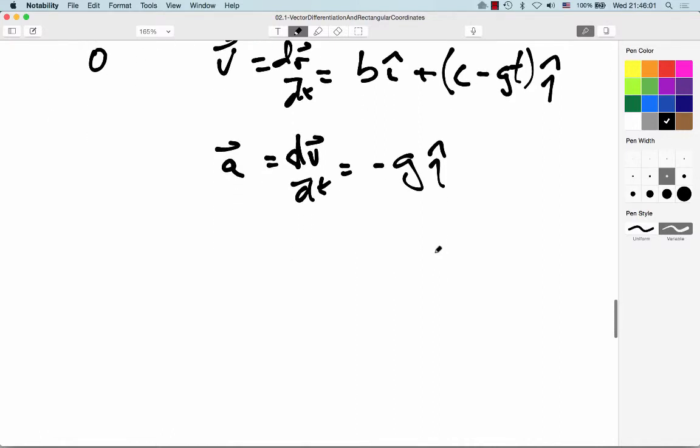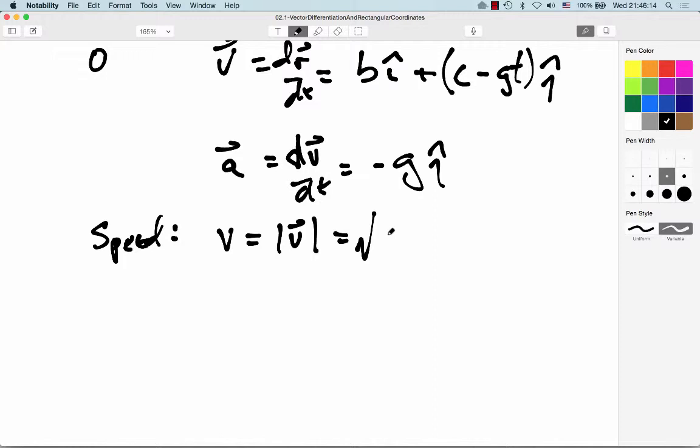If we wanted to know the speed, we can get the speed. That will be equal to the magnitude of v. So that'll be equal to the square root of the x component of the velocity, so I'll write x dot squared just so you get used to that notation, plus y dot squared plus z dot squared.